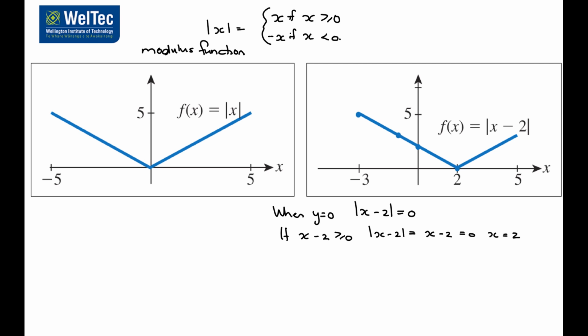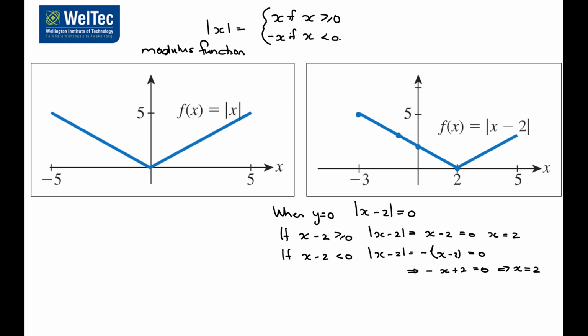If we take the other half of the graph, if x minus 2 is negative, then the absolute value is going to be equal to the opposite of x minus 2. That's got to also equal 0. So that will give us that negative x plus 2 equals 0, which still tells us that x equals 2.